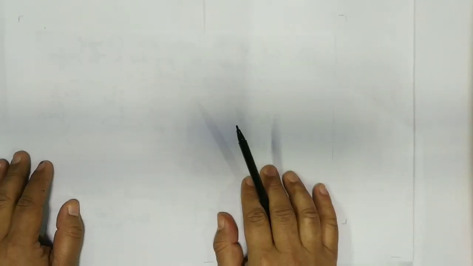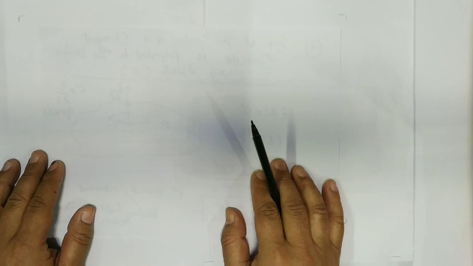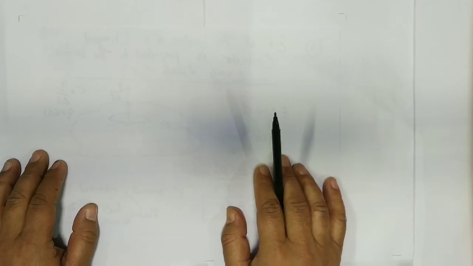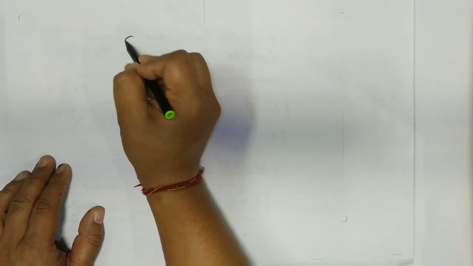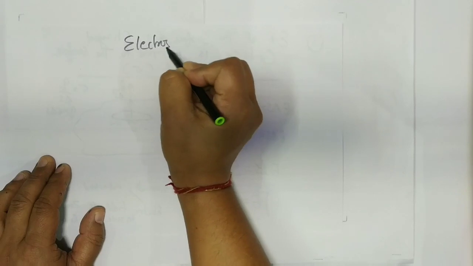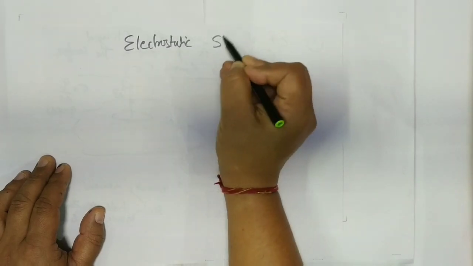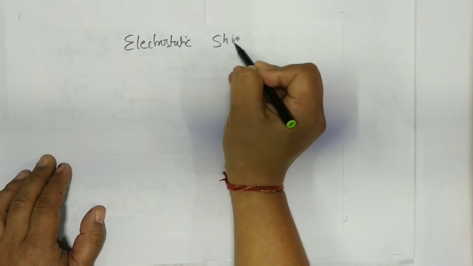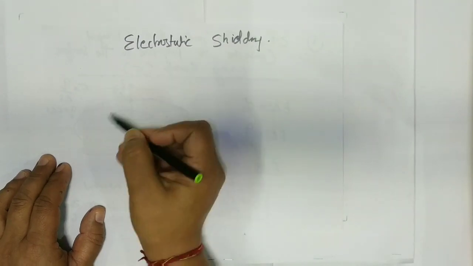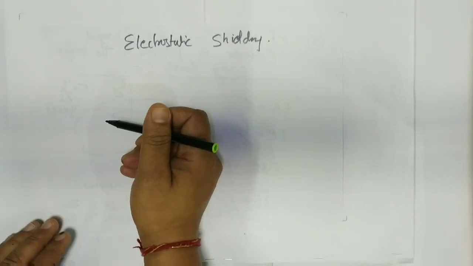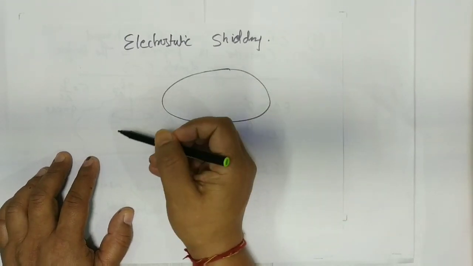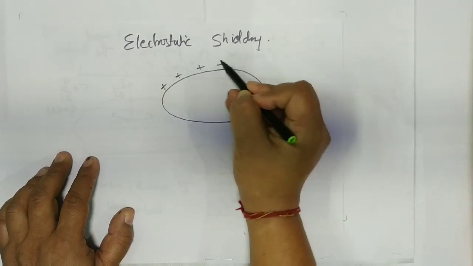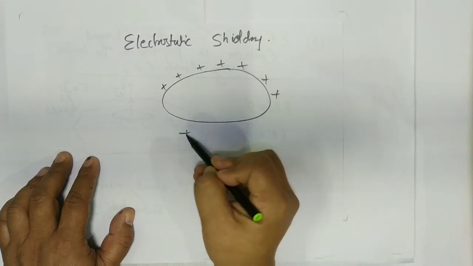And the last one is electrostatic shielding. Electrostatic shielding is a concept that if there is a charged conductor, we know that the charge lies on the surface.